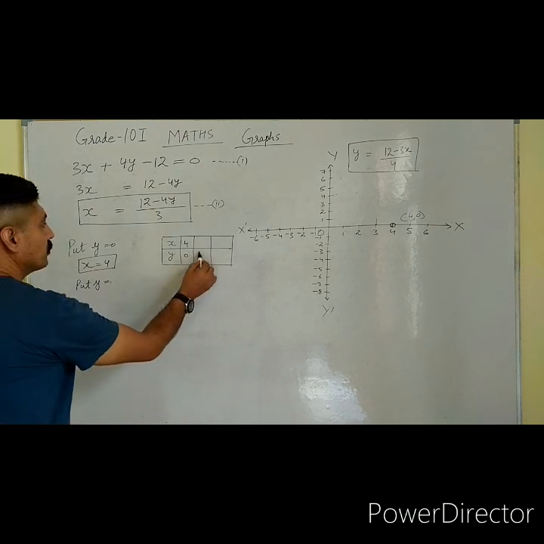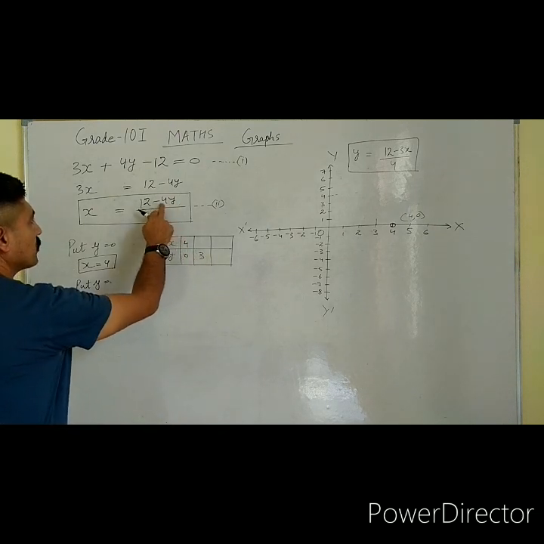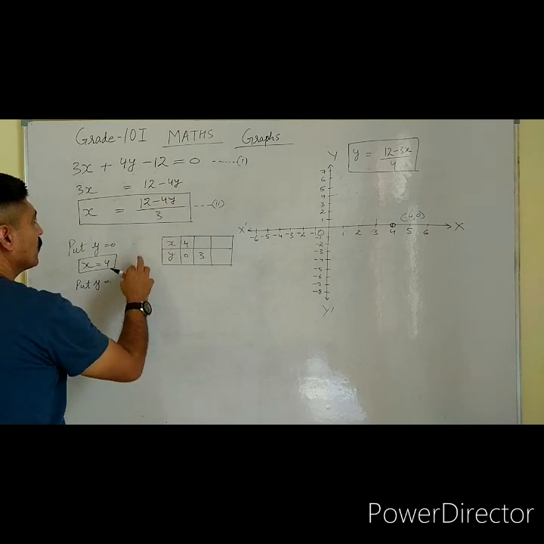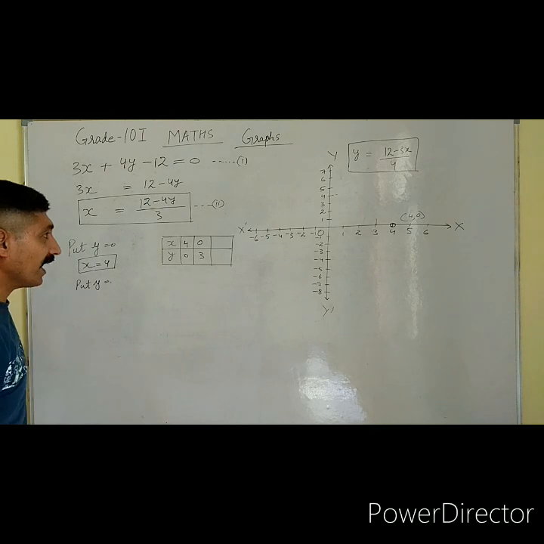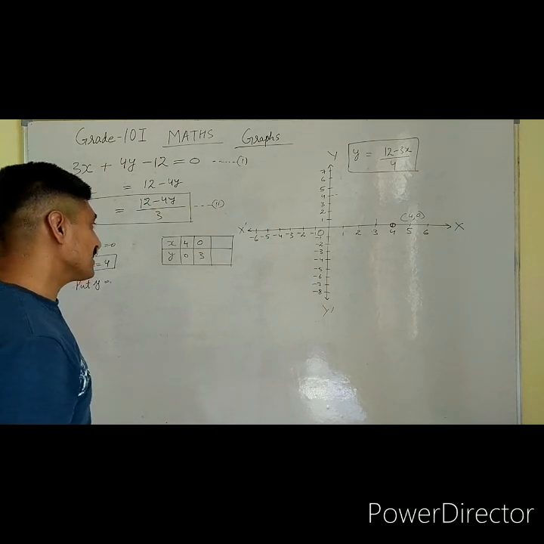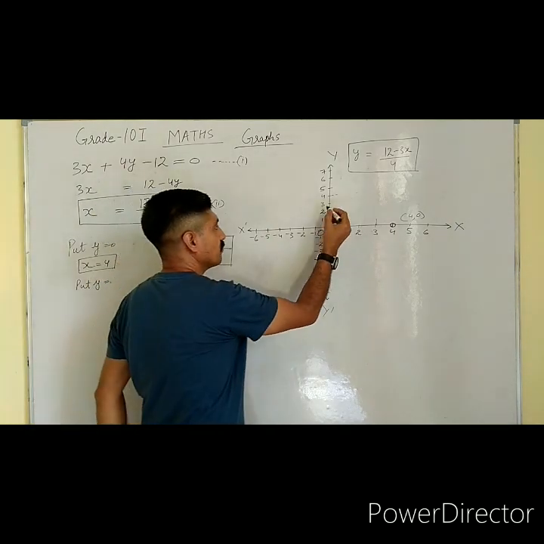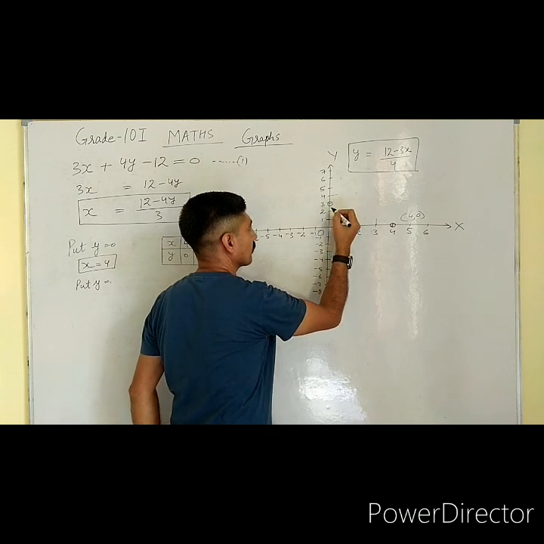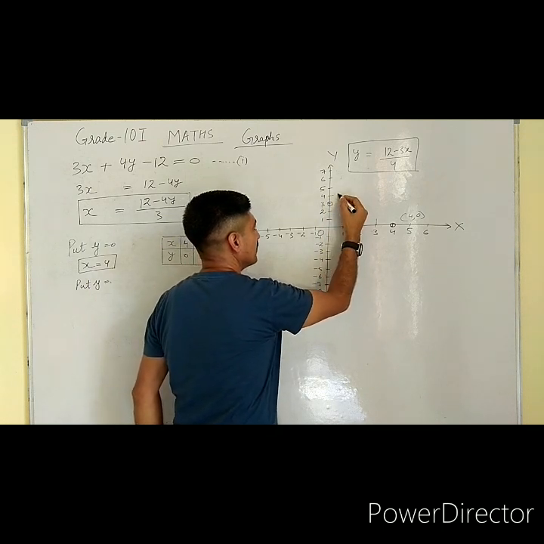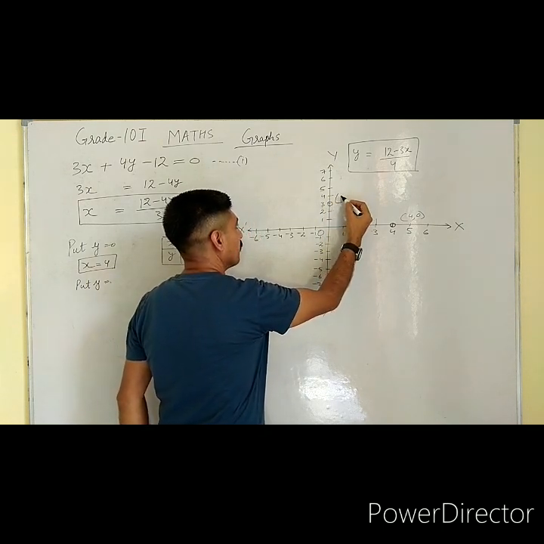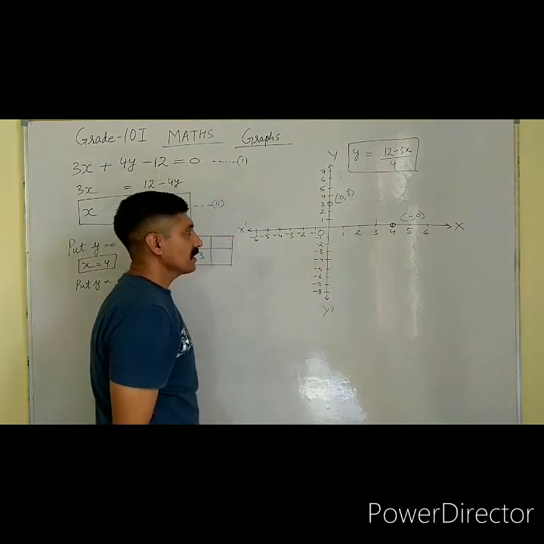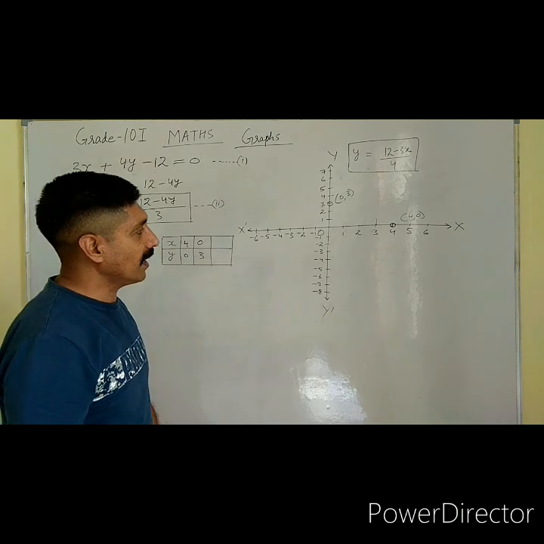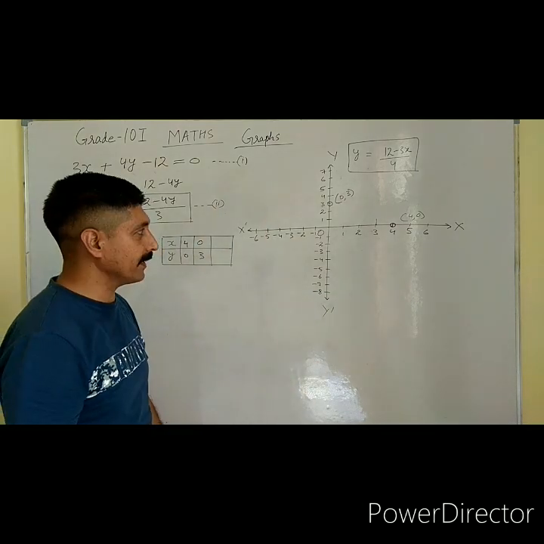If y is equal to 3, 12 minus 12 is 0. So 0 divided by 3 is 0. So we have y is 3, x is 0. So here this point is x is 0 and y is 3, positive 3. So 2 points are sufficient to draw a line here.